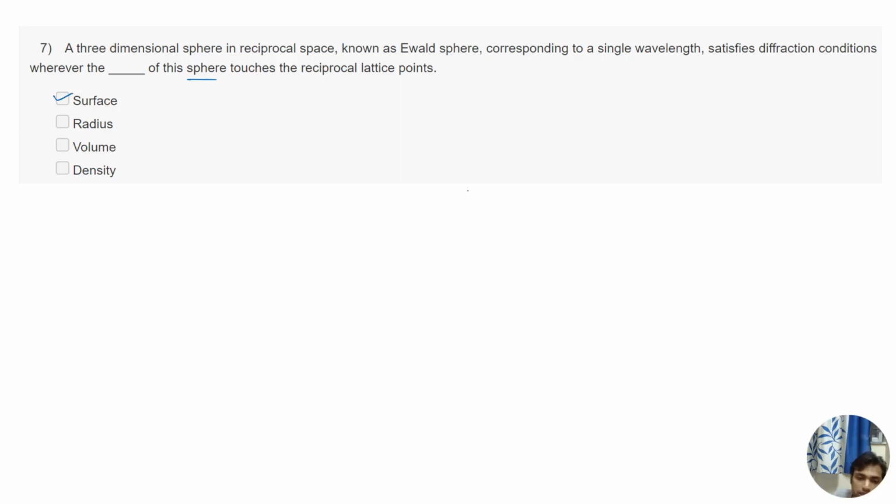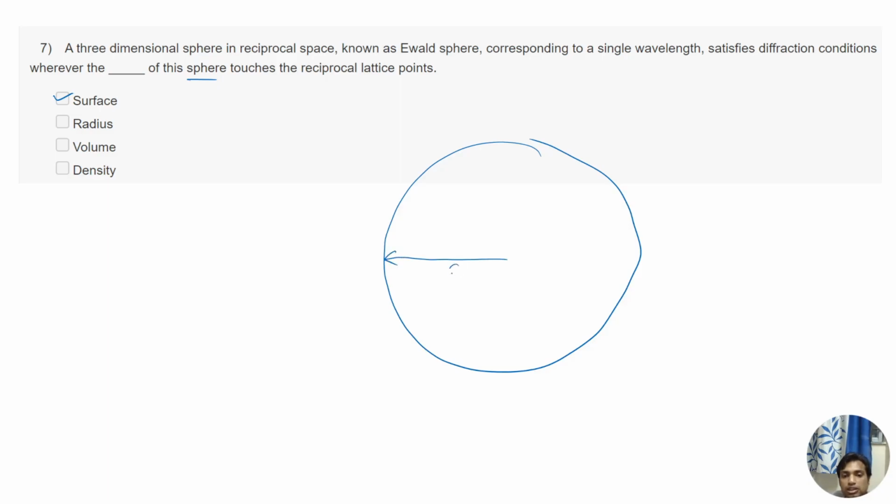Because in the last example also we saw that if this is the Ewald sphere, and we are taking this to be s naught by lambda, then s by lambda has to be on this sphere only. Unless it is on this sphere, it will not satisfy the diffraction condition. So it has to be on the surface of that sphere.